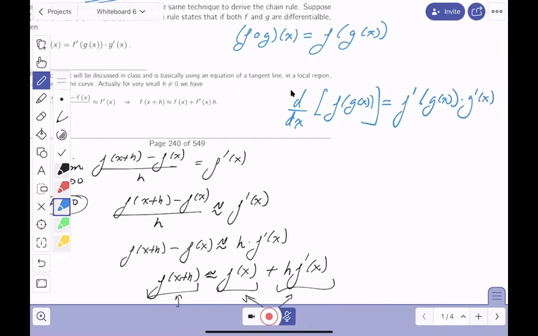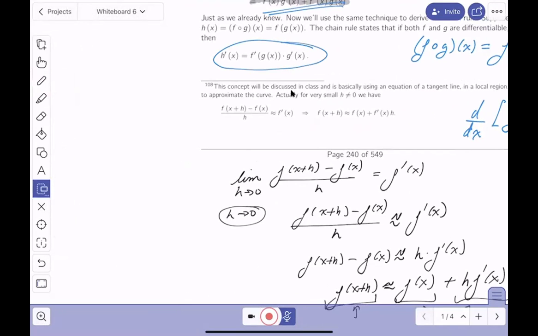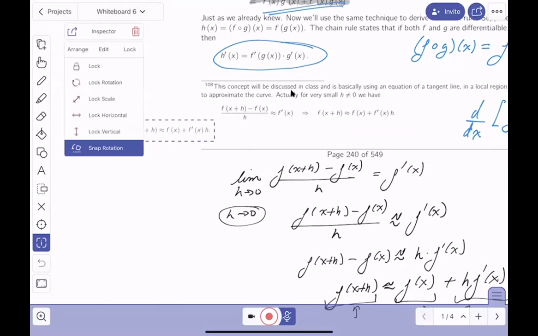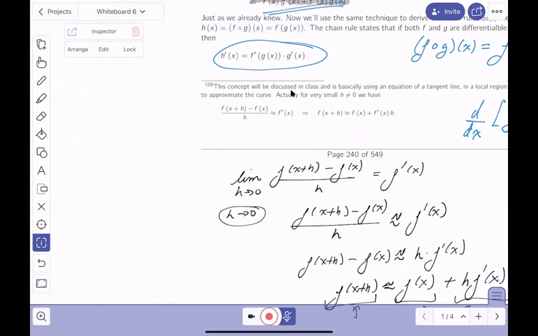I'm not saying we're at that level where we can understand how to use that, but I'm telling you, as it's written over here. What I want to do, though, is use this local linearization to do it. When I say do it, I mean convince myself that that rule is correct.